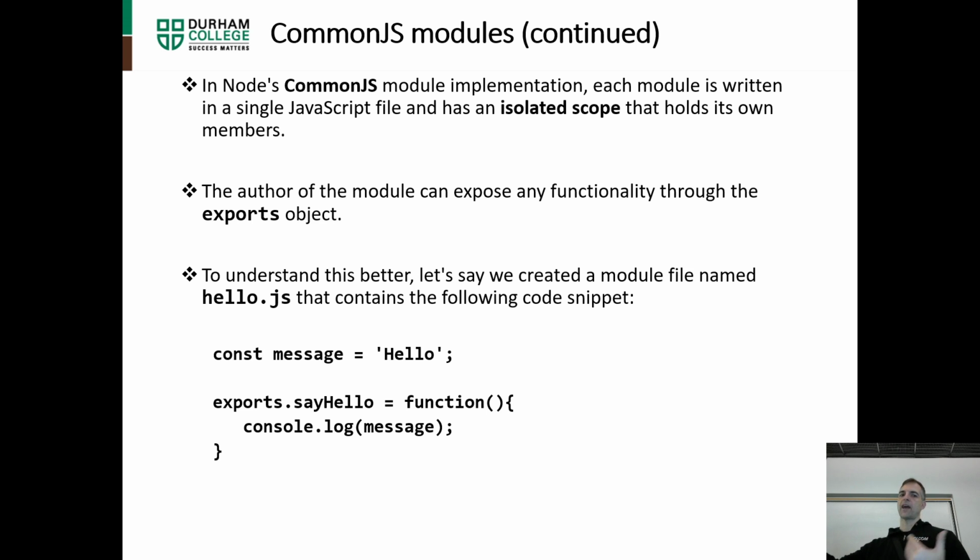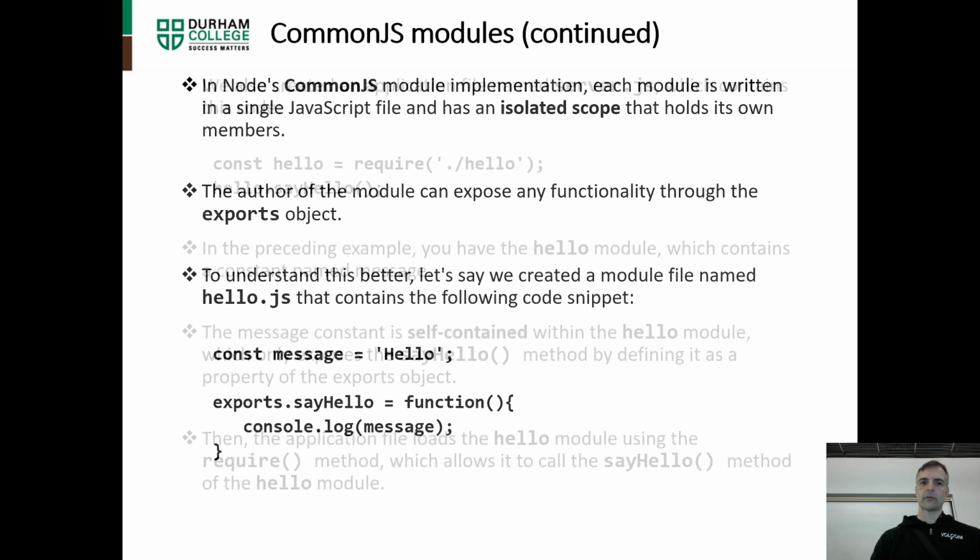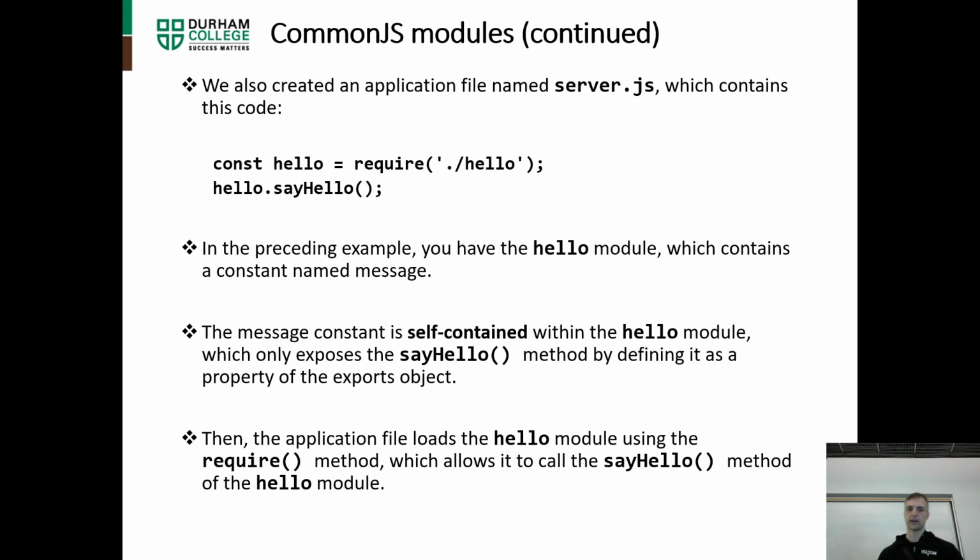Exports is an object using CommonJS. I can attach a function to that object that's related to the file. And when I require that file, I'm going to get all the stuff that's sitting inside the hello.js file.